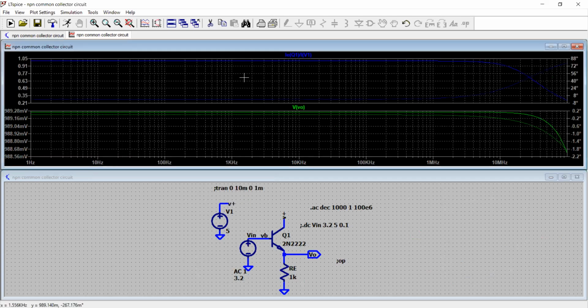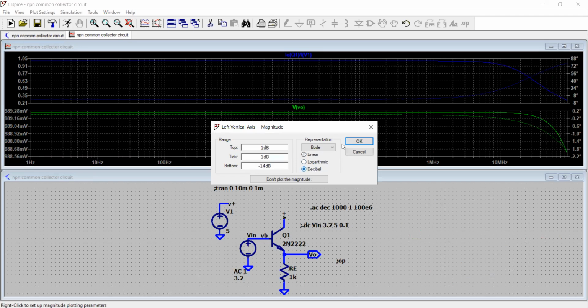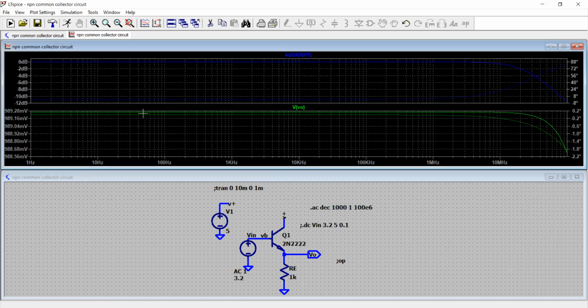So let's see how much is that. It's about 1, or in decibels, about 0 dB. Yeah, so why is it giving me just a gain of 1?